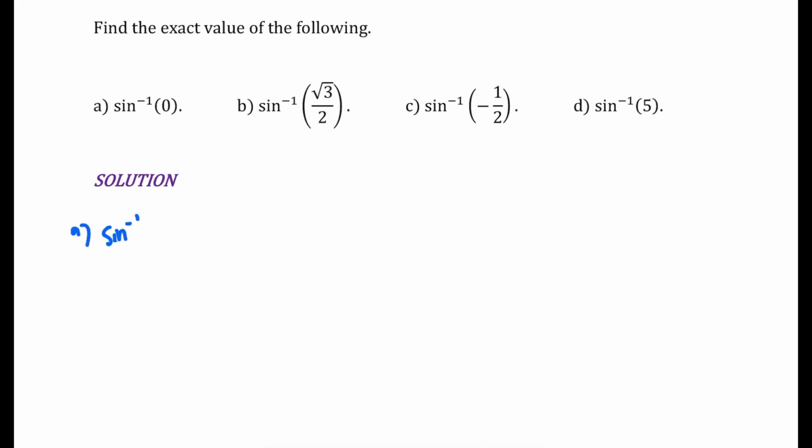The first question asks us for inverse sine 0. So how should you solve this? First of all, when you see an inverse function, straight away we let another variable be the inverse. For example, we choose y, let y equal inverse sine 0. So now let's put this in terms of sine.